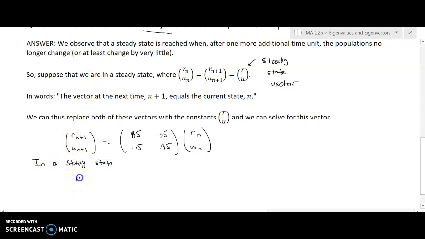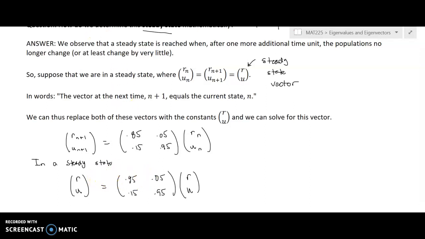this vector right here will be replaced with the constants that represent our steady state. And we know that if we were to take our current state, which is the Rn Un, then if we are in a steady state, then the number of people now, even after we transition it one more year, is going to equal the same thing.